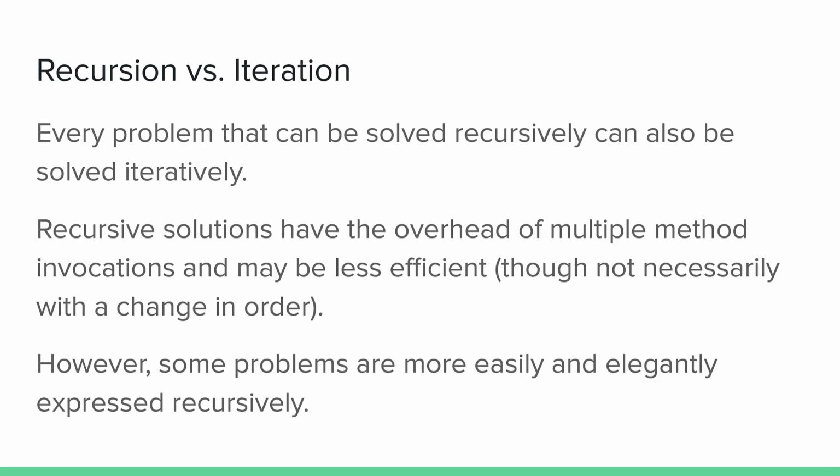Efficiency generally comes in third. So we would only be concerned with getting the maximum performance if our real-world application is simply not fast enough for our needs. We would prioritize understandability over every last clock cycle. So it turns out that there are problems that are more easily understood and elegantly expressed using recursive solutions rather than iterative solutions.